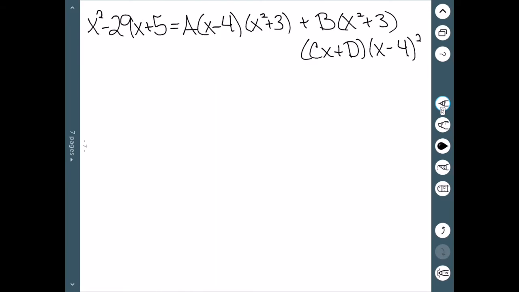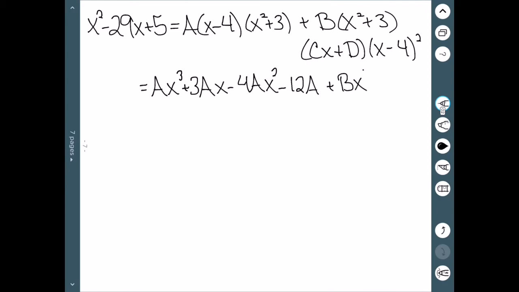We then need to use our other method, and when we multiply out the right-hand side, I'm left with ax cubed plus 3ax minus 4ax squared minus 12a plus bx squared plus 3b.